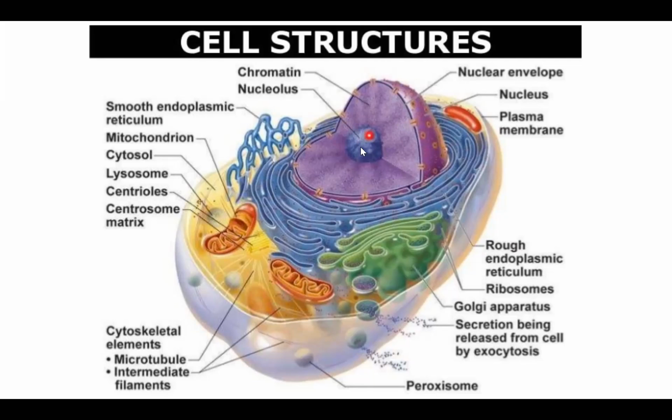But the thing that makes this DNA different than that DNA is that this DNA in the nucleolus has the information you need to make ribosomes. Ribosomes are the cellular component that make proteins. So you need DNA to make a ribosome to make protein, but you need a ribosome to make the protein that the ribosome's made out of. It's kind of like a chicken or an egg situation.